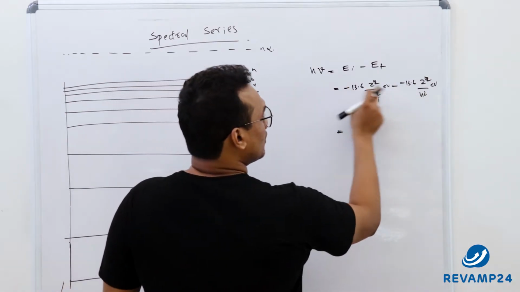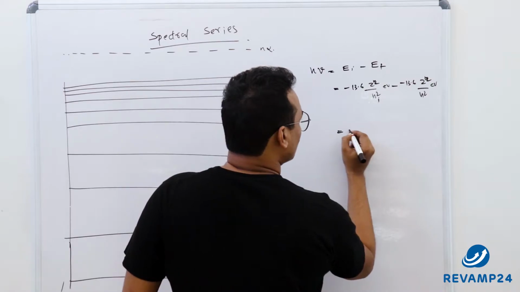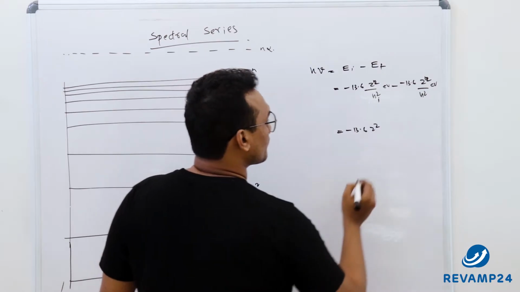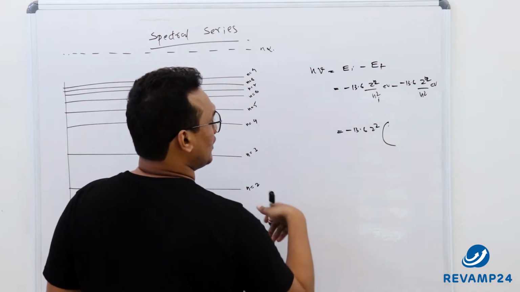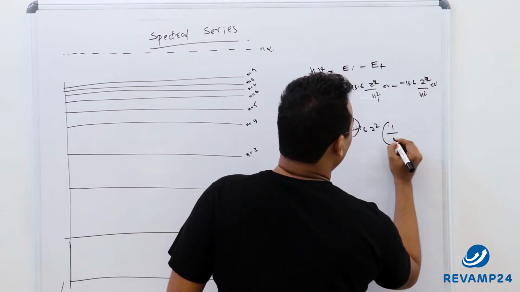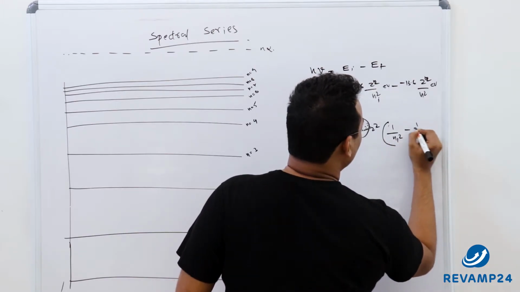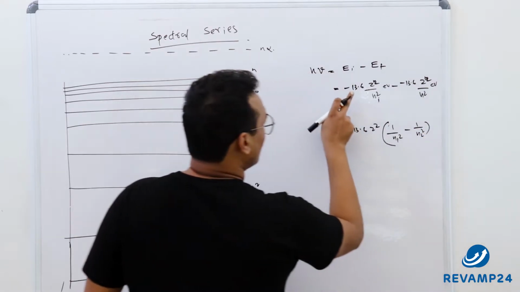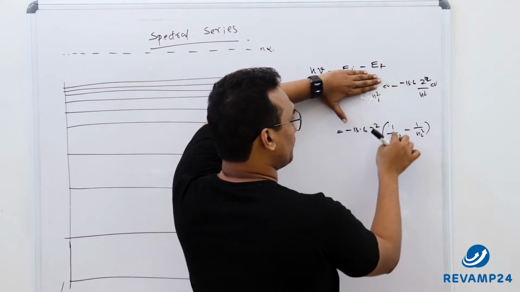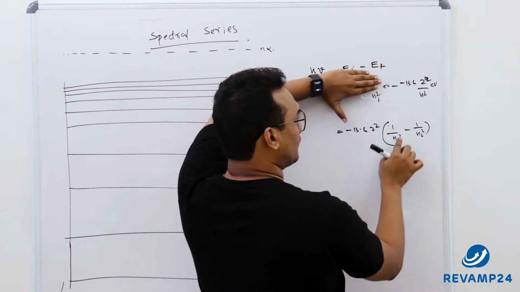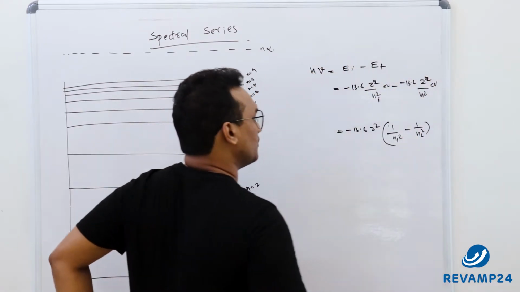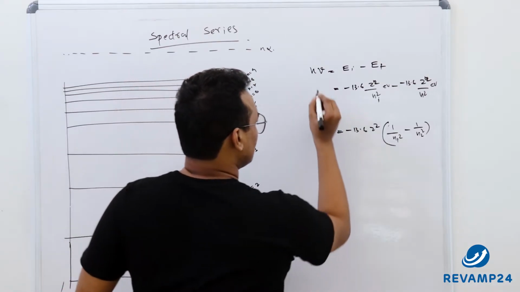Now take the common term out: minus 13.6 z square is a common term, into 1 by n1 square minus 1 by n2 square. From the first term I am taking out minus 13.6 z square, so only 1 by n1 square remains. From the second, I am taking out the minus, so the minus will be there and 1 by n2 square will be there. So this is equal to h nu.